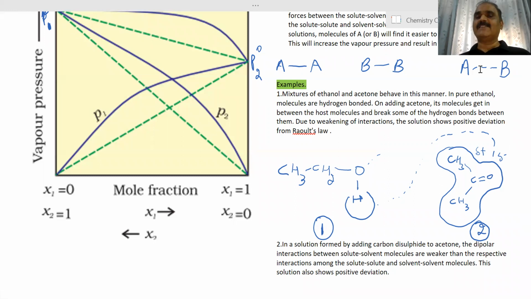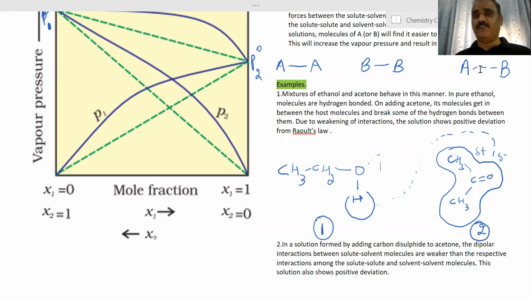The process is endothermic. Now, third thing, let us explain volume. Why does volume show an increase? Delta V mixing is also positive. So why, on mixing 25 ml of A and 25 ml of B, does the volume become 51, not 50?